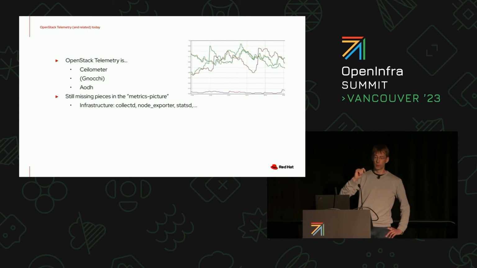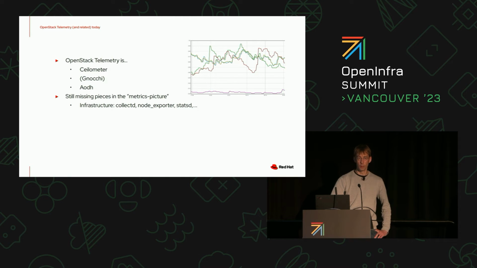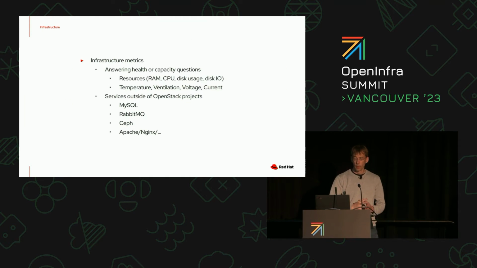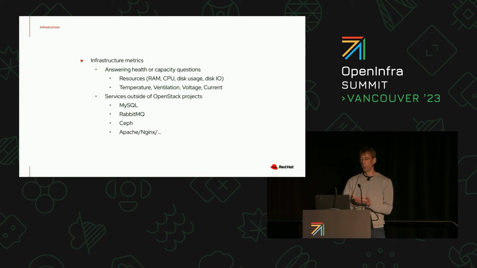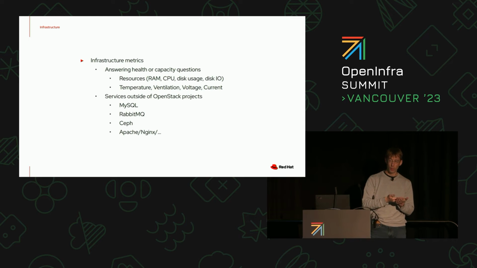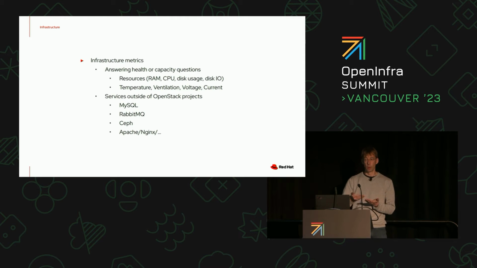You could use things like collectd or node exporter or statsd or something else. You would probably use this to get RAM, CPU, disk usage, disk I/O, also temperature, ventilation, voltage, all that kind of stuff. These are things you need to know how your infrastructure is doing.